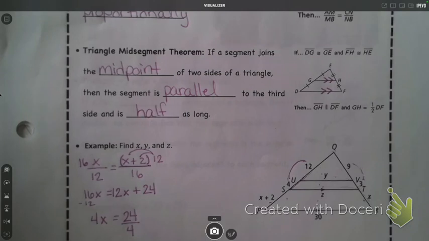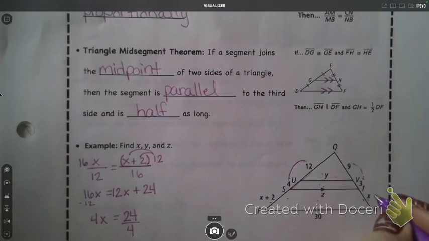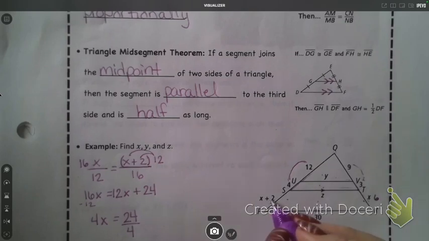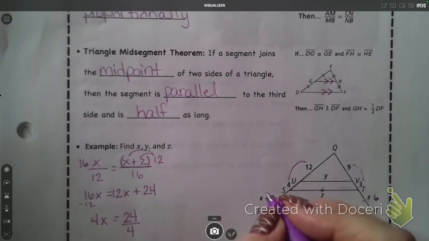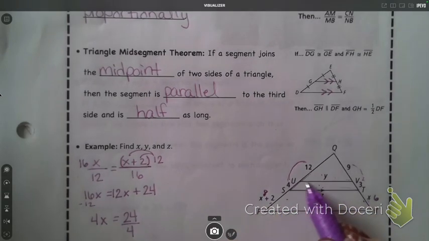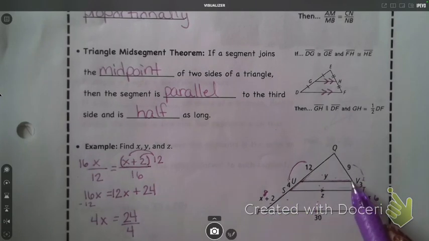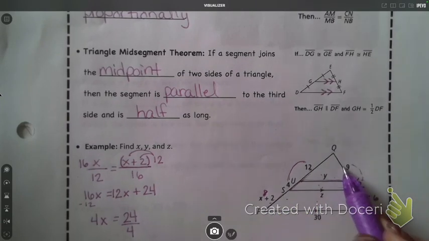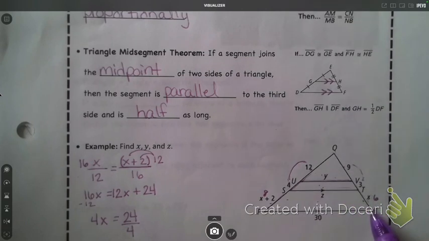Okay, so now we know x is 6. So this side is 6. And this side, well, 6 plus 2 is what? 8. Well, look at y. Above y on the left, I get 12. Below y on the left, I get 12. Above y on the right is 9. Below y is 9.